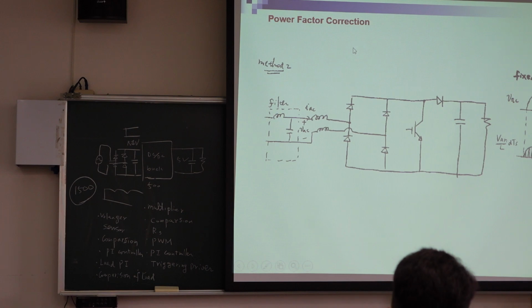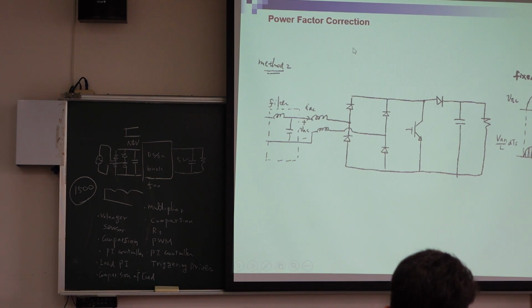And we still have VG. And we have AC voltage. So the same. We have AC voltage and we have AC current. So I still hope the AC current can follow the AC voltage. The same idea. But I don't need a multiplier. I don't need a PI controller. I don't need feedback. So what can I do? So I use a switch here.